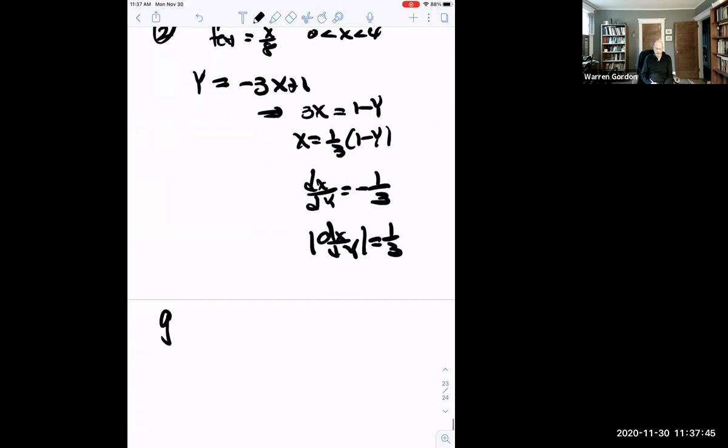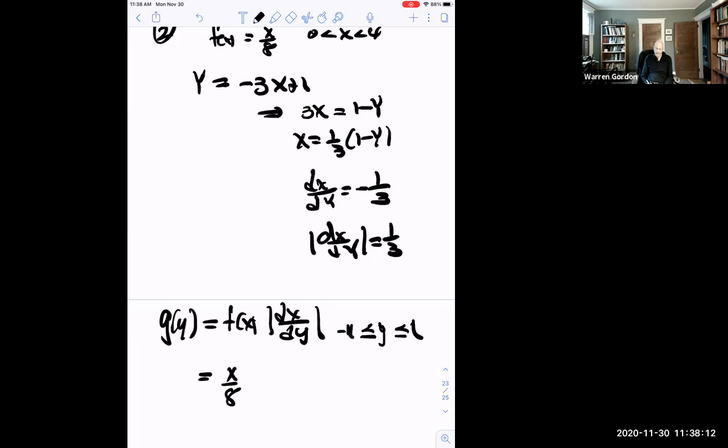The theorem says g of y is equal to f of x times the absolute value of dx dy. And by the way, the interval will now be when x is 0, y is 1. It reverses because it's negative. And when x is equal to 4, y is minus 11. So this is x over 8.